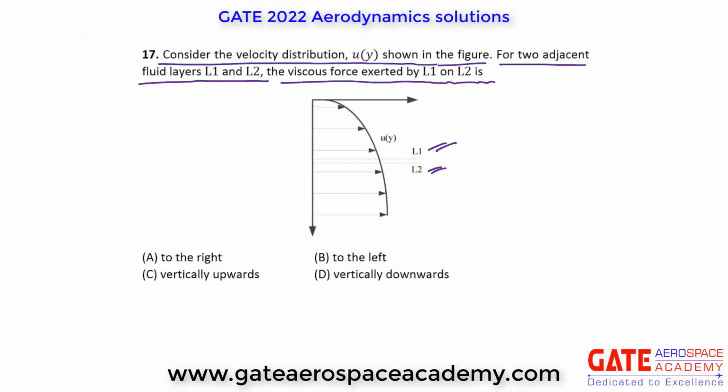So viscous force will not be in vertical direction, correct? So C and D are incorrect options. Now whether it is to the right or the left, the motion is in this direction, and viscous force always opposes the motion, correct? So it means the viscous force exerted by L1 on L2 is toward the left hand side. So option B.